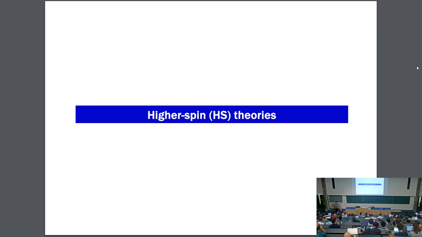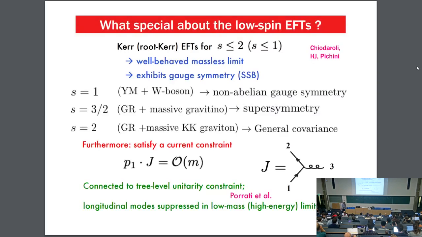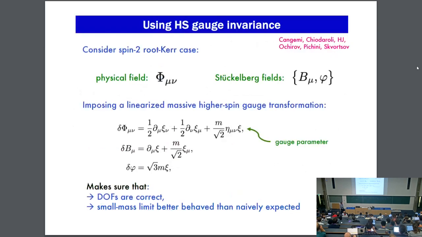Higher spin theories have been studied a long time, and there's a lot of confusion surrounding them, especially in the early literature. Most people studied massless theories in AdS, but here I'm going to just study massive theories in flat space.